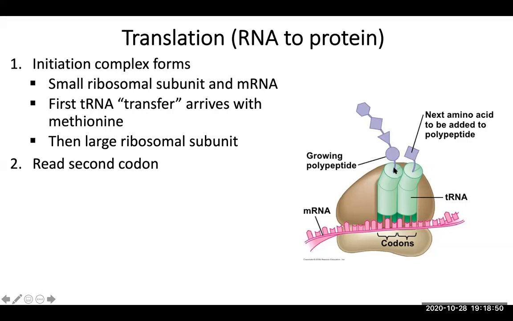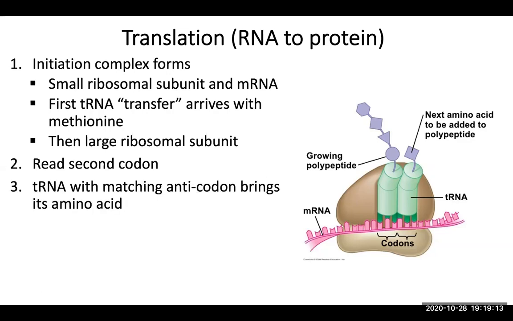And then once that's finished, the empty tRNA moves into the next spot, which is the E site. And I always think E for ejection site. And then the whole thing will just continue until you reach the end of your mRNA.